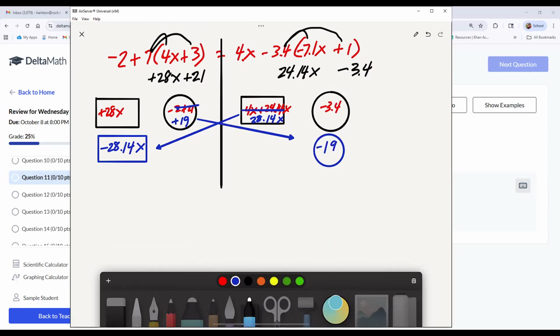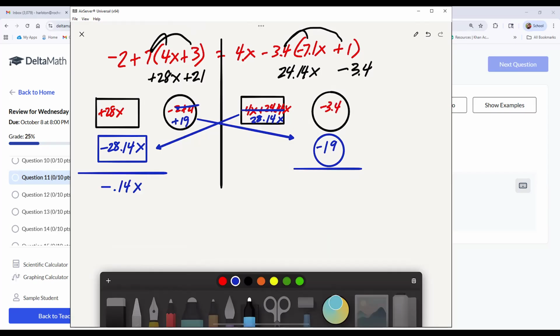All right, so now remember, anytime you move a box or circle from one side of the equation or inequality to the other side, you have to change the sign. So now I've got 28 minus 28.14, so that's going to be a negative 0.14x. That's a pretty simple subtraction, but if you're not sure, use the calculator.